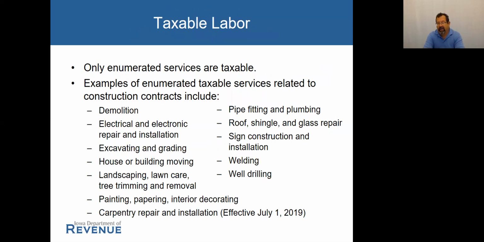If you watched either of the prior webinars, Terry mentioned that in Iowa, only specific enumerated services are taxable.